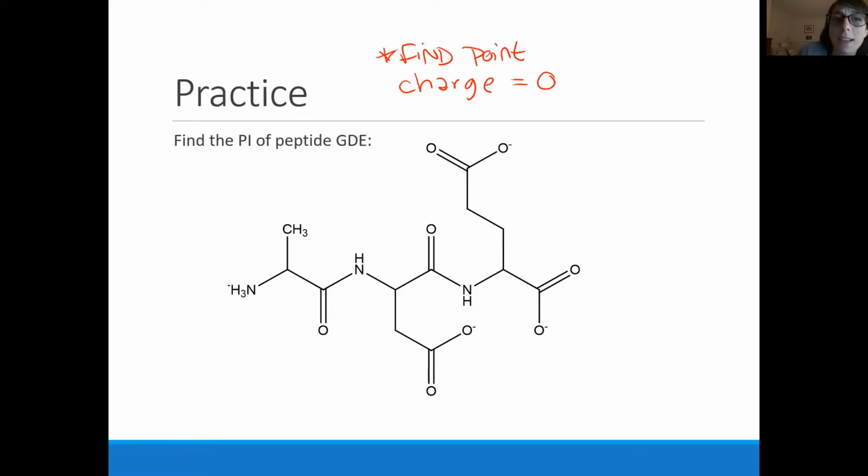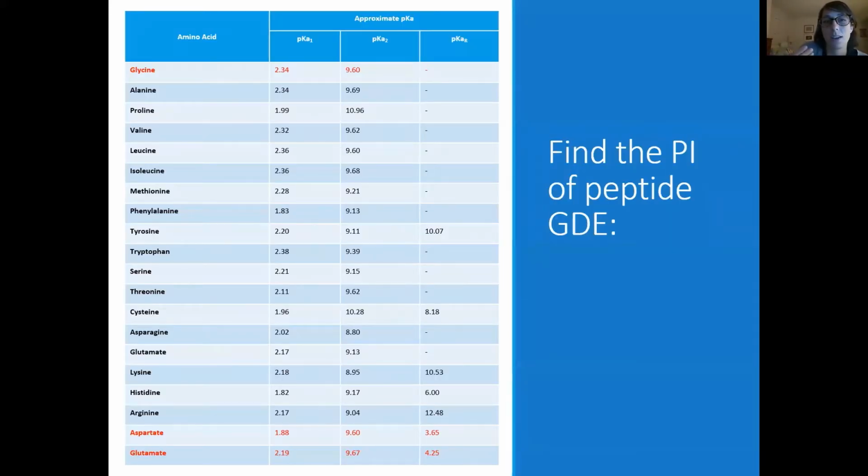So for a peptide like this, you need to use a table with pKa's because we need to know all of the pKa's of each of the groups. Here's the table that I presented in our last lecture. This is the table that has all the pKa's that you will need for amino acids. It tells you the pKa of an amino acid, the first one is for its carboxyl group.